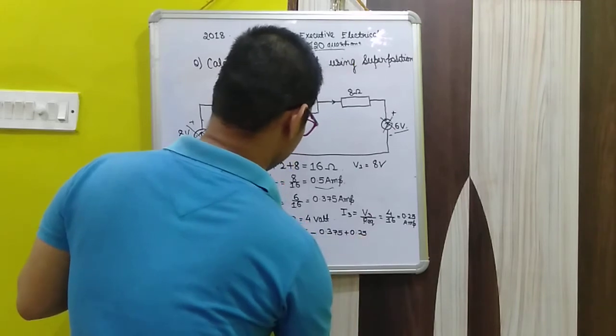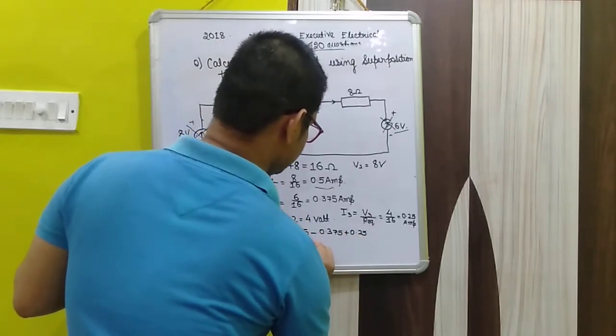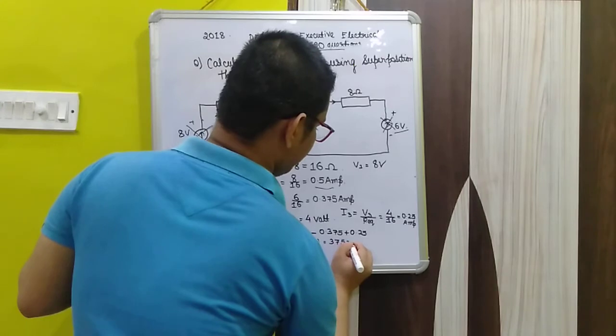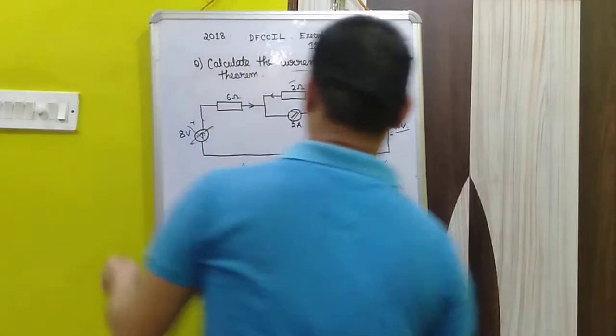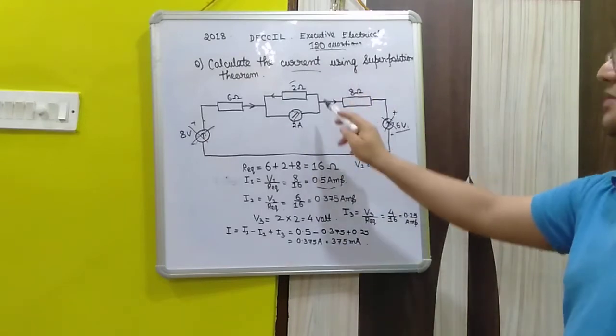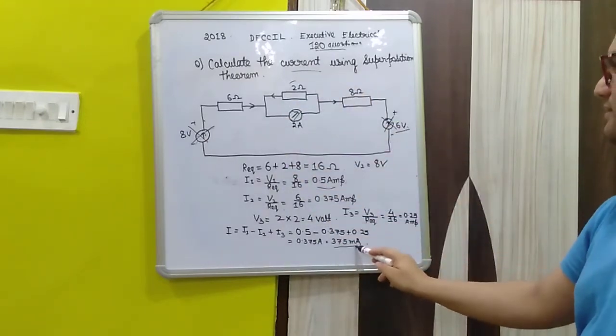If we calculate, it will be 0.375 ampere, or we can write 375 milliampere. I hope it is very clear how we have calculated the current using the superposition theorem in this circuit. This is the final answer.